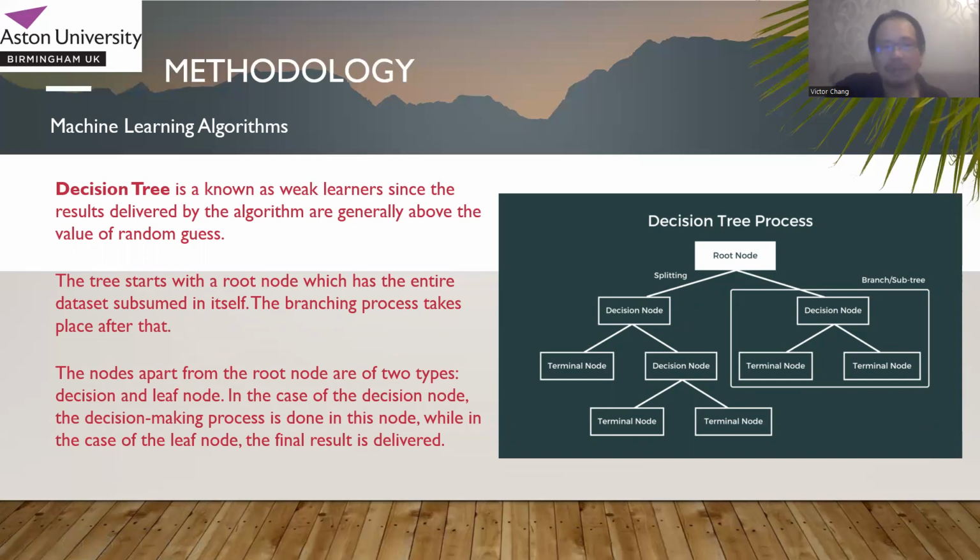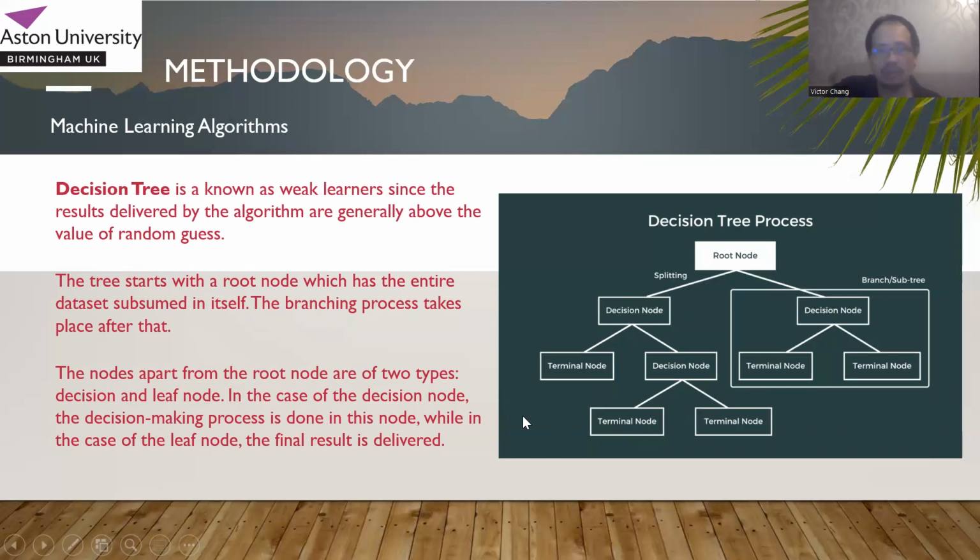The nodes, apart from the root node, are of two types: decision nodes and leaf nodes. In a decision node, the decision-making process is done in the node, while in a leaf node, the final result is delivered.